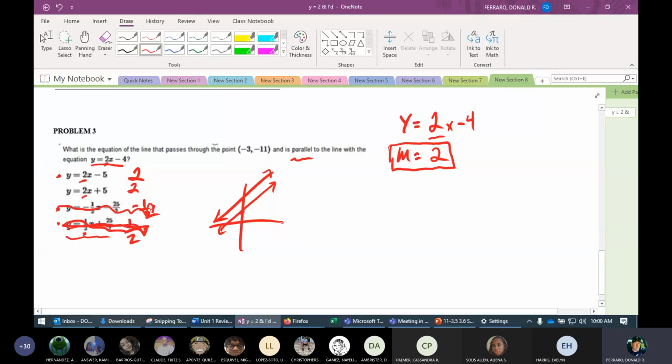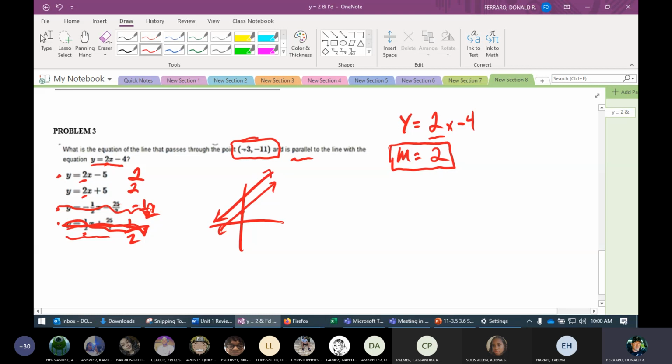This is a testing strategy. You eliminate those that you know it can't be. Now it leaves me 2 possible answers. y equals 2x minus 5, and y equals 2x plus 5. And they gave us points to substitute in.